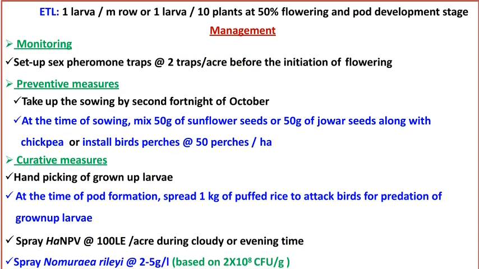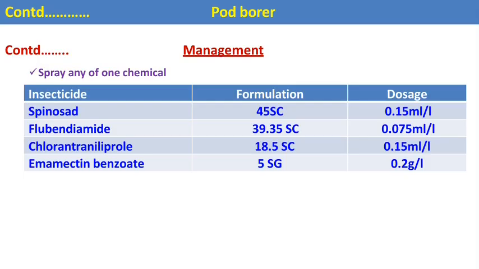Then this is HaNPV, Helicoverpa armigera nuclear polyhedrosis virus. This is one of the biopesticides, a viral biopesticide. It is very effective against Helicoverpa armigera. Then this is Nomuraea rileyi, one of the entomopathogenic fungi, also a biopesticide, effective against nearly all caterpillars.